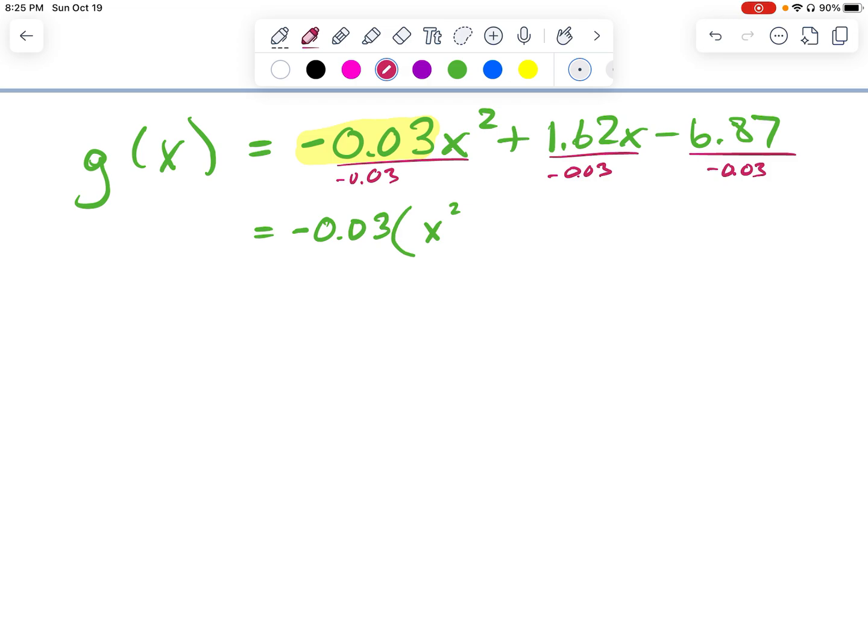So just put 1.62 divided by negative 0.03, or think about moving the decimal 2 places and also divide by 3. That will give you 54x here, and that last term, move the decimal over twice and divide by 3 gives you 229. Oh, and change the sign because we're dividing by a negative.